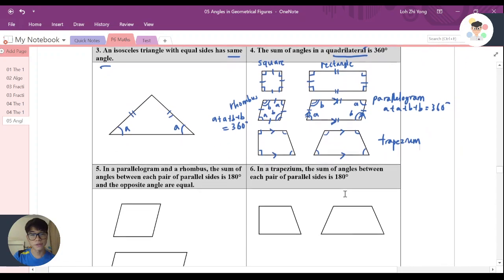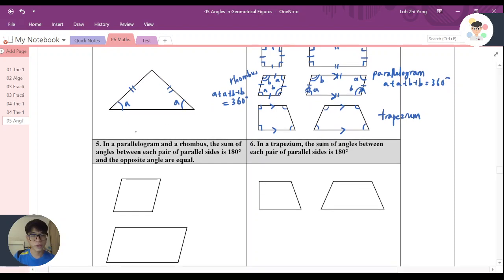And tips number 5 is especially in the parallelogram and the rhombus, the sum of angles between each pair of parallel sides is 180. So just now I mentioned that like this, right? Okay, you can just see from my drawing just now. This is what I drew just now.